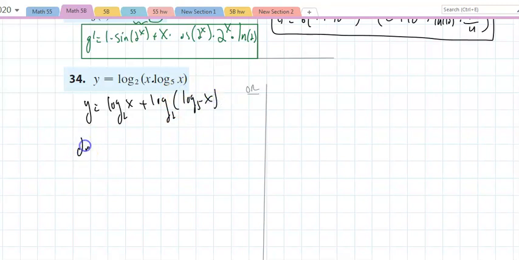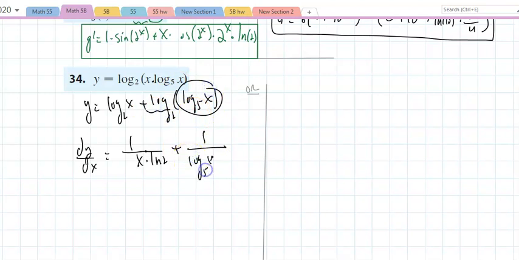So I could say dy dx without simplifying any further is 1 over x times natural log of 2, if I memorize that, plus the derivative of a log is 1 over the argument. Don't forget the natural log of 2, times the derivative of this, 1 over the argument, times natural log of the base.